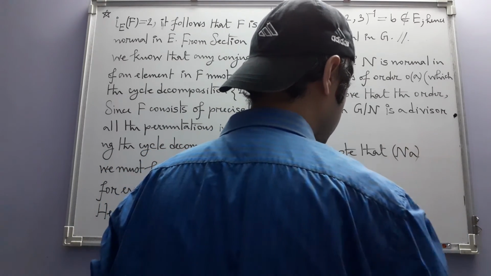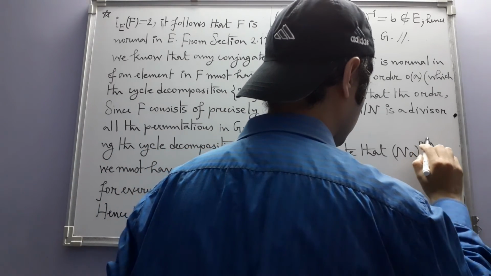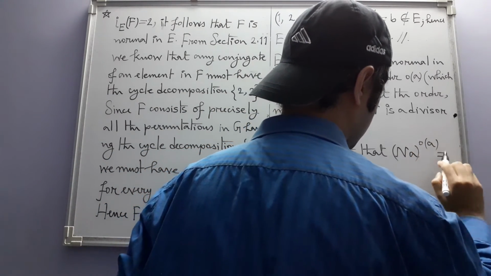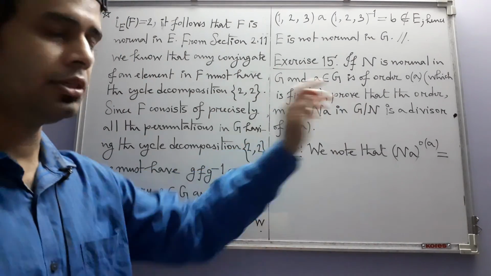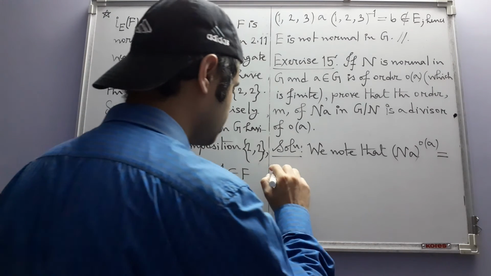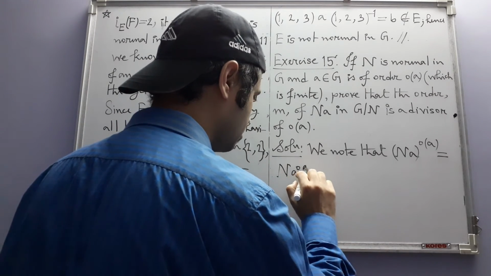Let us raise the coset to this power OA. By the definition of the binary operation we have in G by N, this is equal to NA to the power OA.